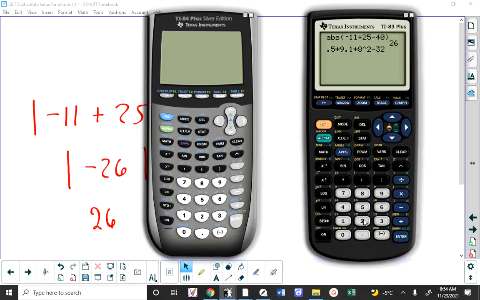If you do the same thing here, 0.5 times some number times 8 squared, and I keep typing here and I forget that I have to scroll over to bounce out of that exponent. The other issue I have with this calculator is if there were more numbers, and there are in a lot of the courses I teach, my text wraps around here. So I can see everything that I've entered, right?